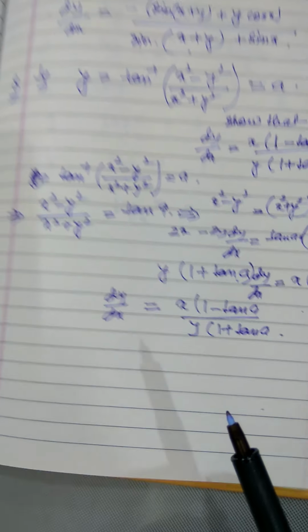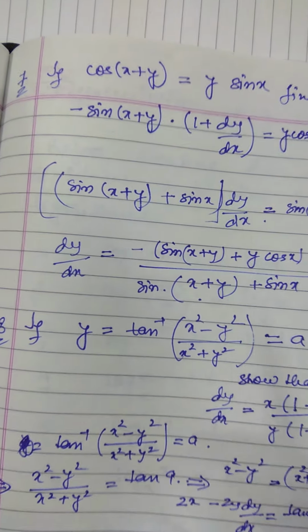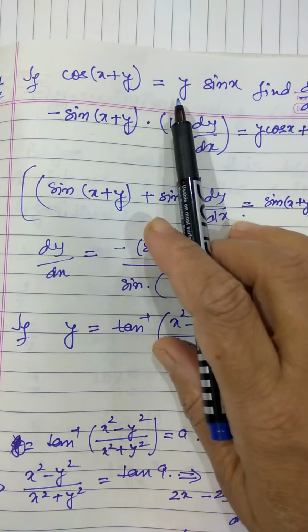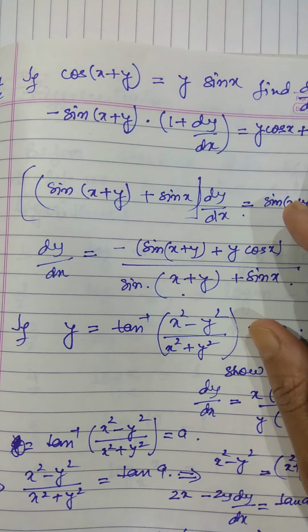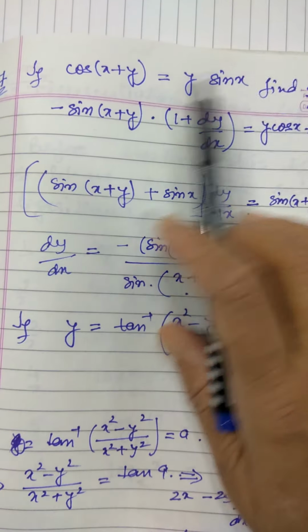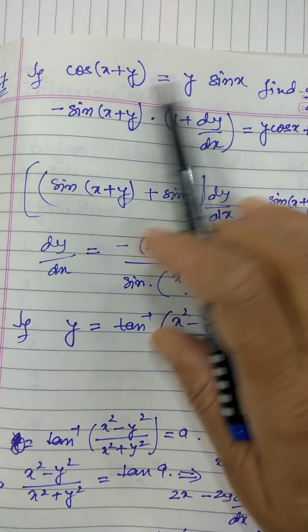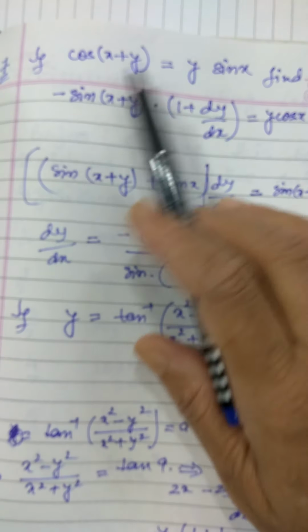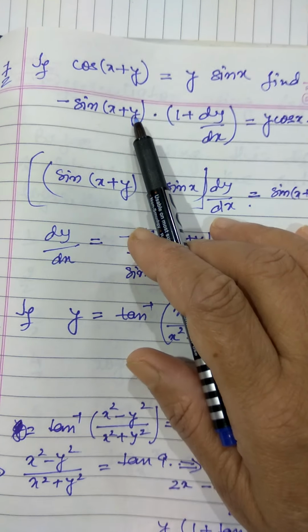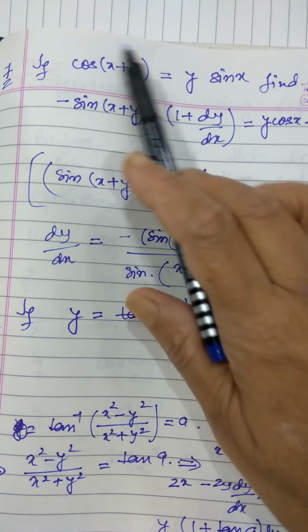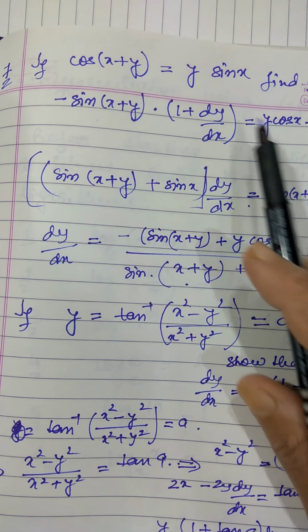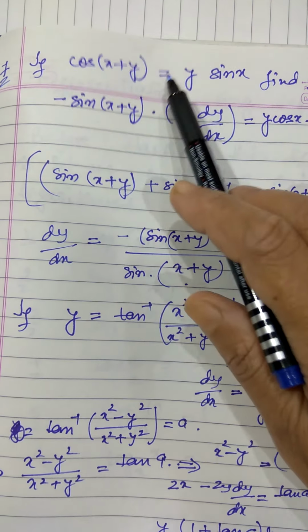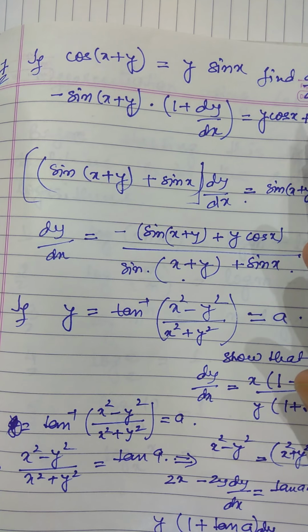This is again the same type of question. If cos(x + y) = y sin x, find dy/dx. Here we will differentiate both sides. Derivative of cos(x + y) is -sin(x + y) times the derivative of (x + y), which is 1 + dy/dx, equal to, by the product rule, y cos x + sin x dy/dx.